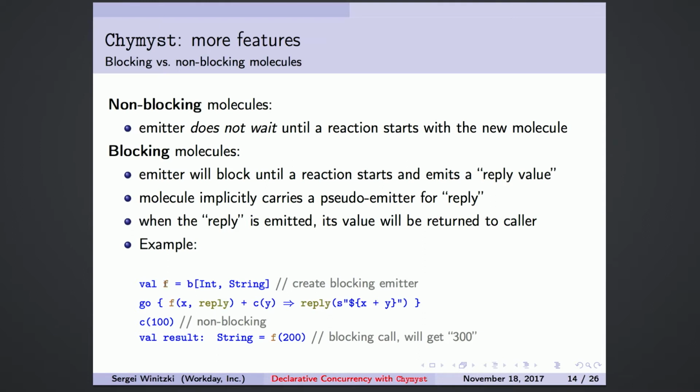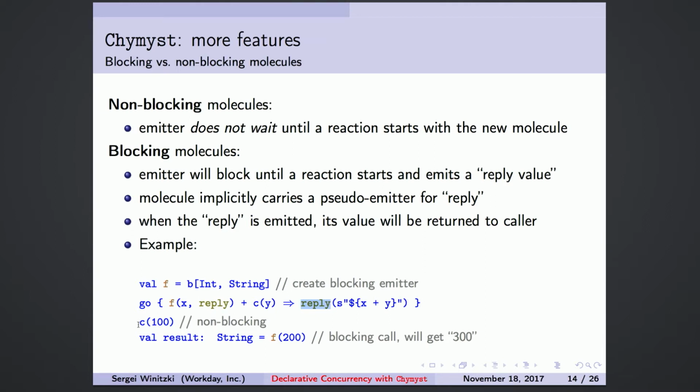Implicitly, this molecule f carries a reply emitter, which you do not put into it when you emit the molecule. It's automatically included when you actually start the reaction. So you have this reply emitter. The reaction can use that emitter to emit the reply, computing some value. For example, it will consume the counter c, consume f, and emit the reply. It will not emit molecules back, let's say.